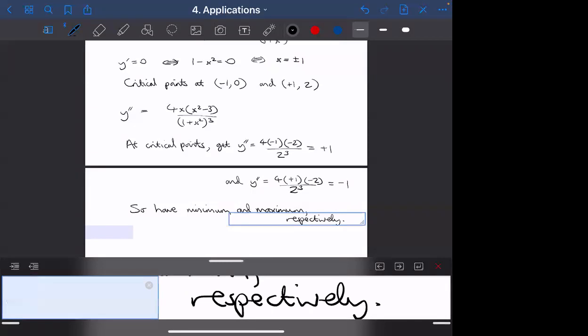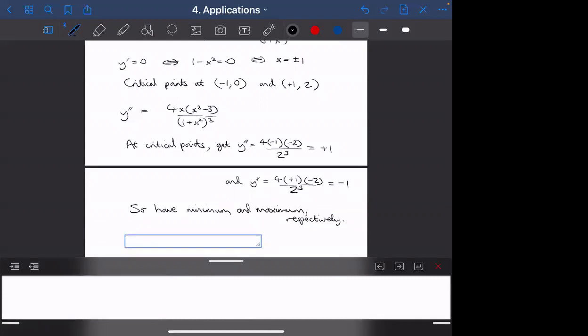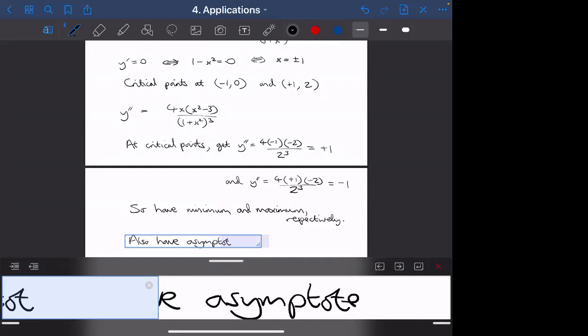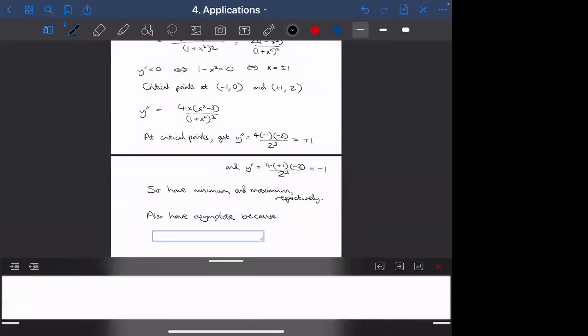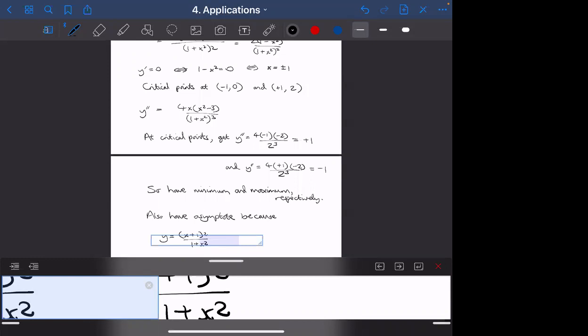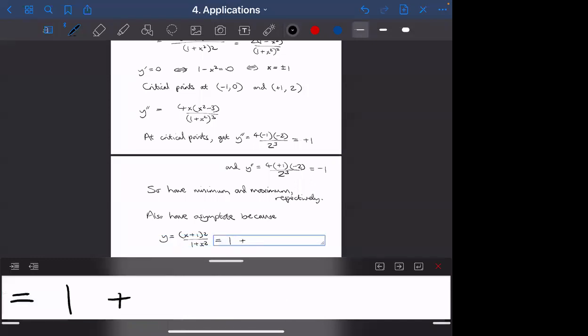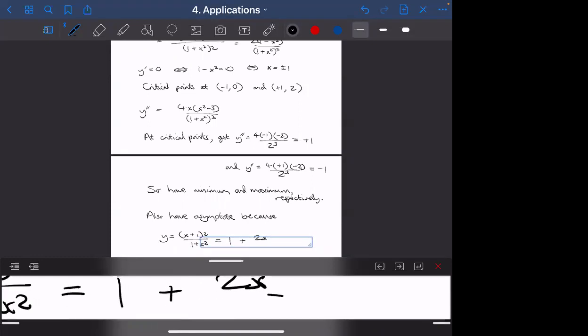Okay, so we know they have these 2 critical points. What else do we know about the function? We also have an asymptote, because we can write y, we defined it to be (x plus 1) squared over 1 plus x squared, but we can write this as 1 plus a fraction.